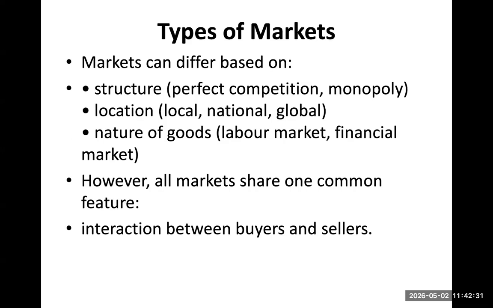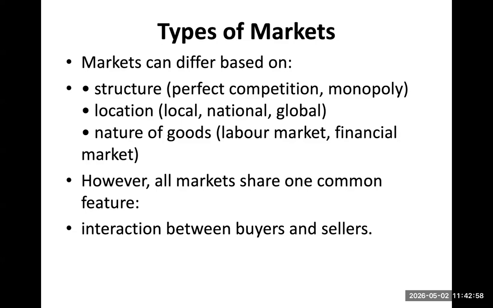A well-structured market can be called a competitive market or perfect competition market. In a market where there is only one seller, you can say that the market is a monopoly. When there are only a few, you can say that it's an oligopoly.